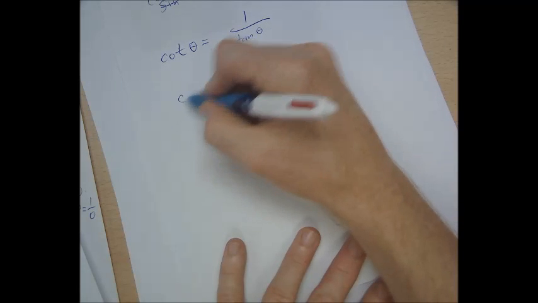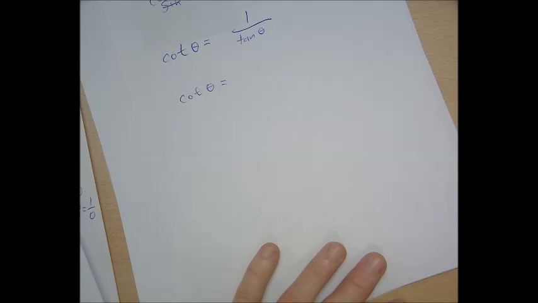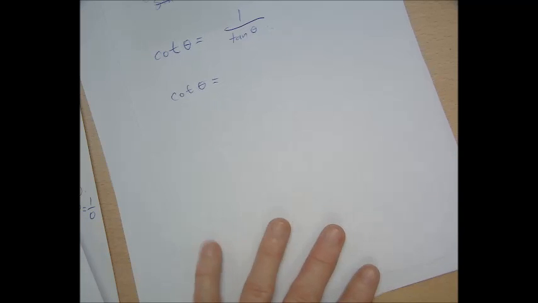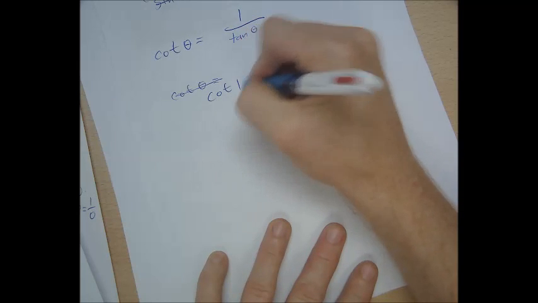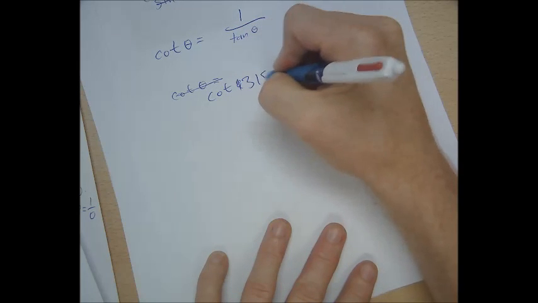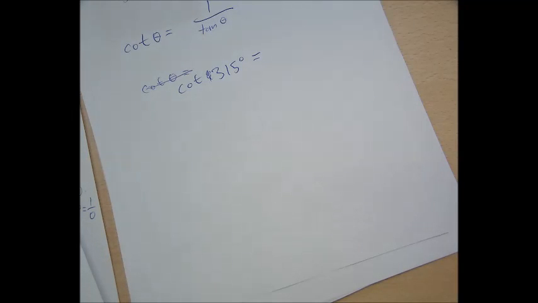Okay? So, as an example, what would cot of 315 be? Well, what's the answer for tan 315? And then when you report it to me, just turn it upside down.